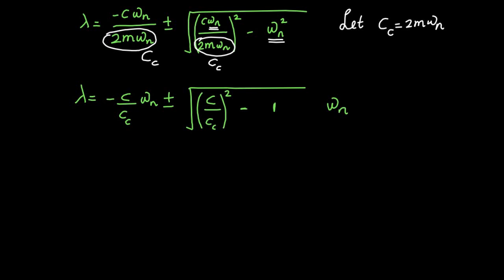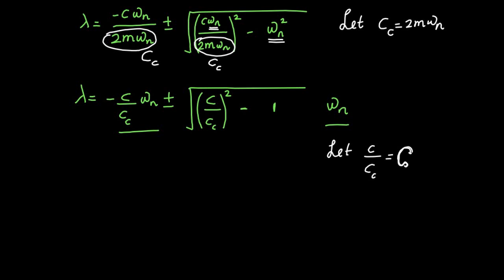Now I can take omega n from this term and omega n from this term, take it outside as common, and I'm going to introduce one more term. Let c by cc be equal to, I don't know how to pronounce the symbol. Some people call it eta, some people pronounce this as psi, but I will go with eta.